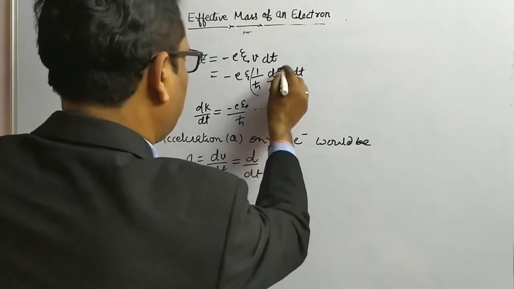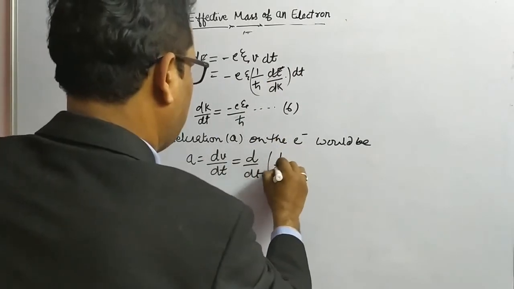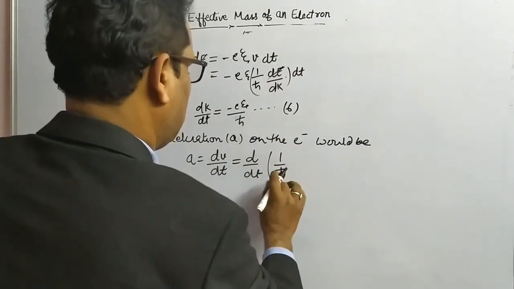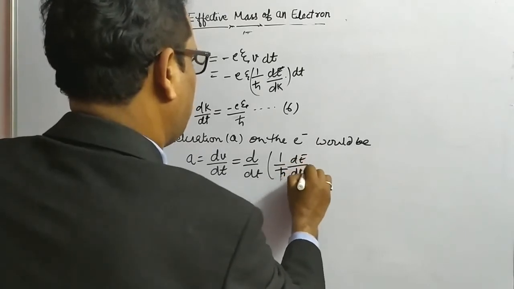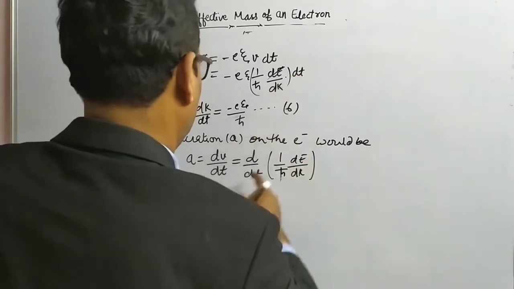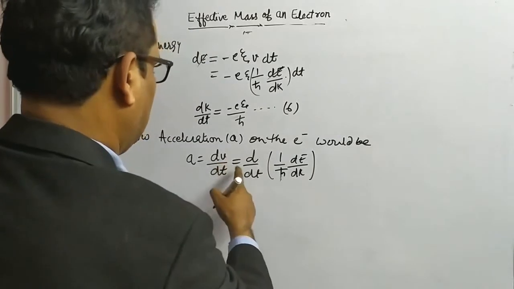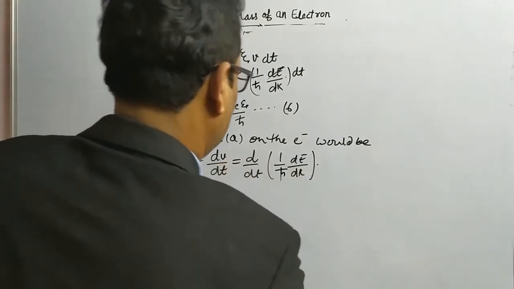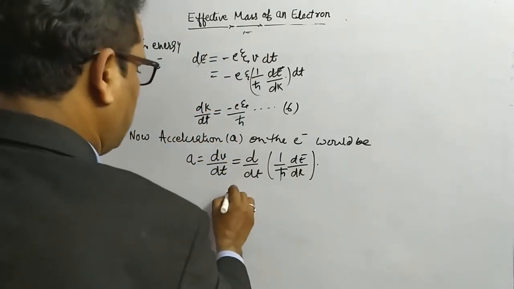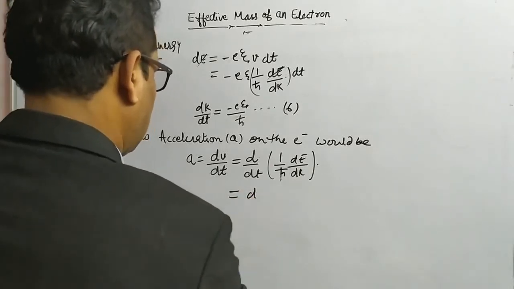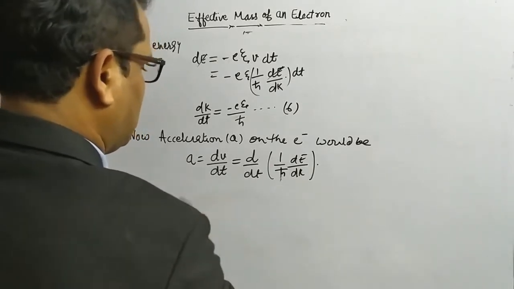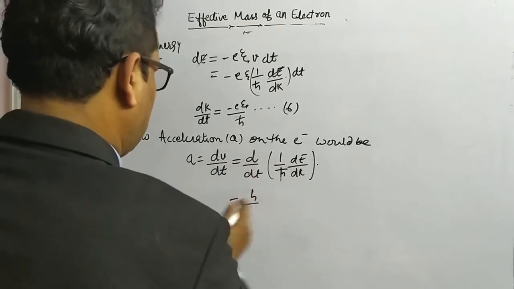I'll substitute this equation again, 1 by h cross dE upon dk. 1 by h cross can be taken out.